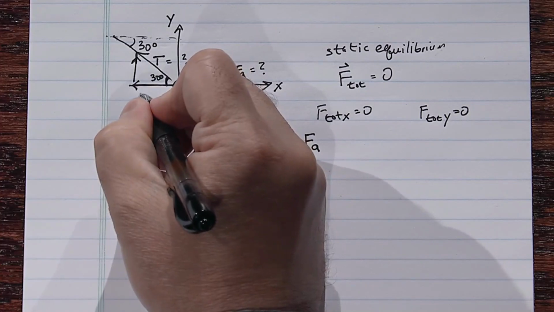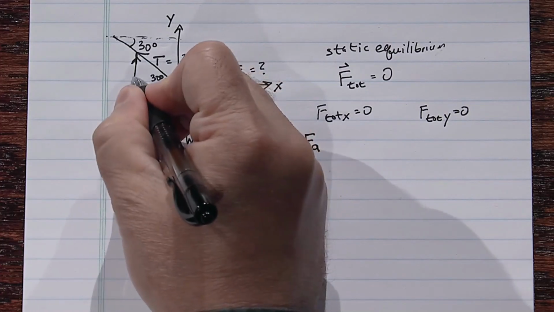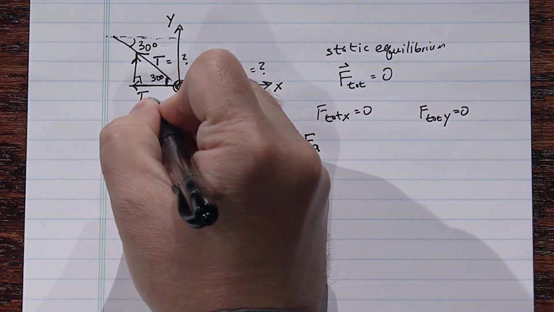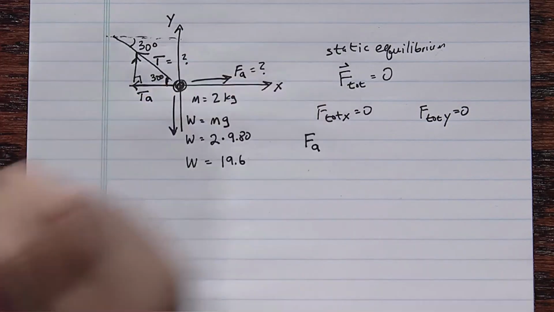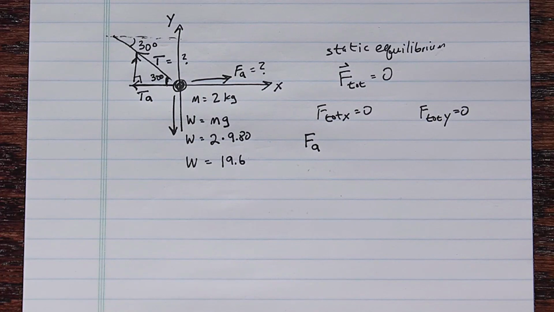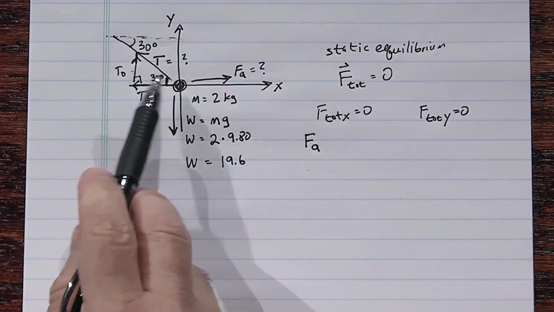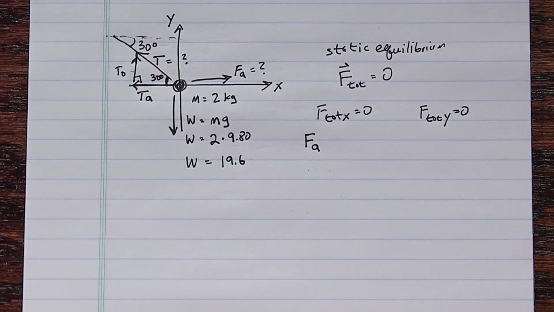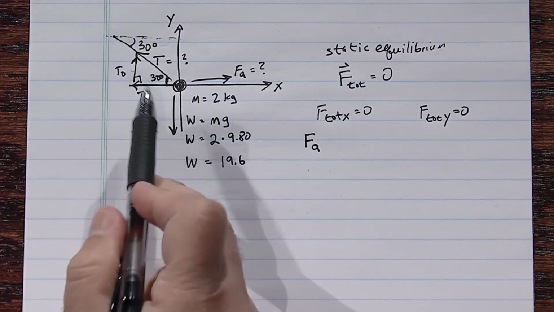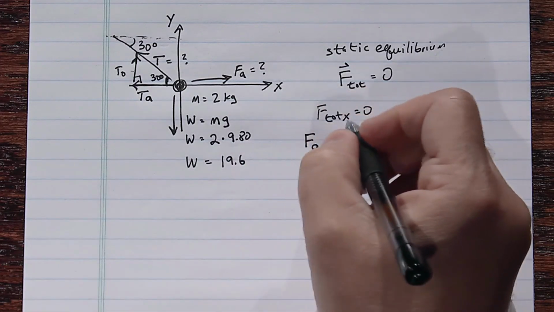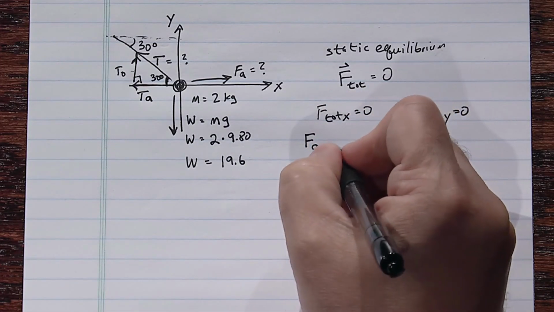Since we have a right triangle and our 30-degree angle is here, this would be T adjacent, the amount of tension adjacent to the angle, and T opposite, the component of tension opposite the angle. And what we will have to subtract off is the adjacent component in our X equation.